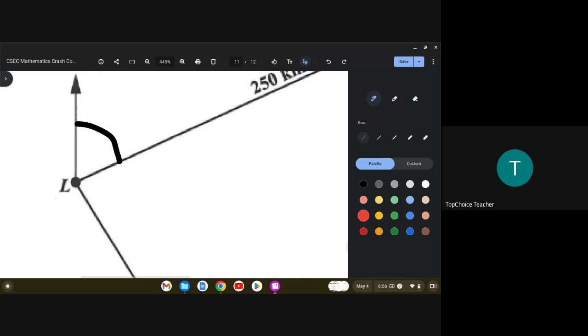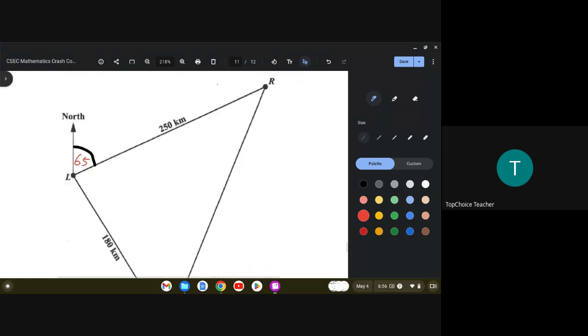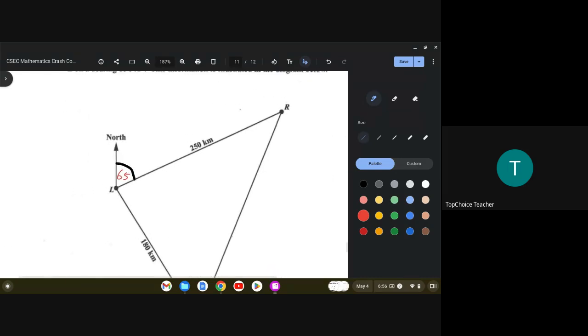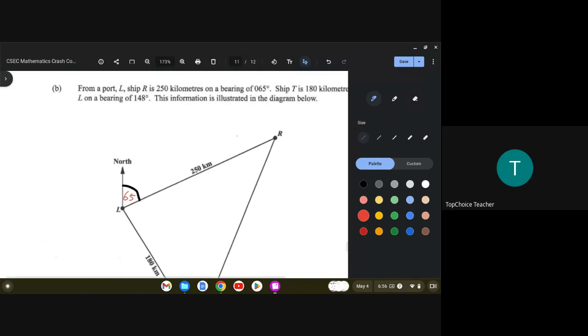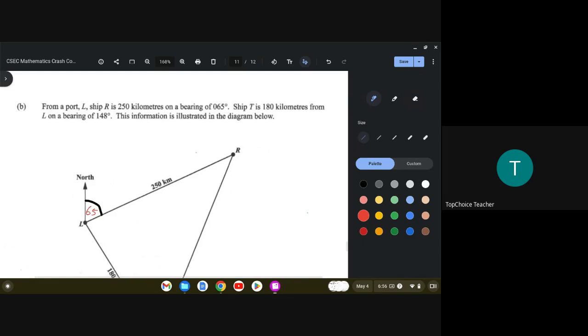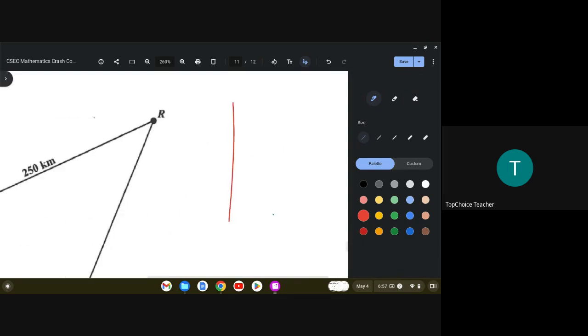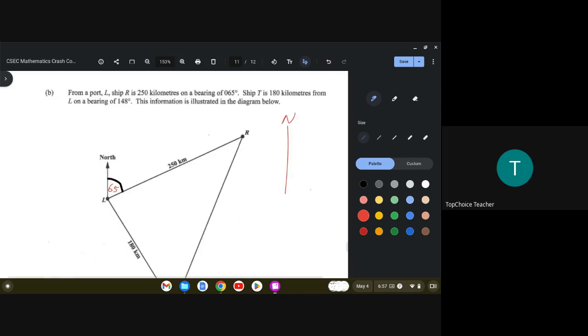I already drew that crooked line there, but I'm putting in my 65 inside. If I don't put the degrees symbol, forgive me, because I don't have the space to make it look too neat. So I just put in the magnitude of the value there. Also, just to recap, when we deal with bearings, we have a north line. And what direction do you read bearing angles?